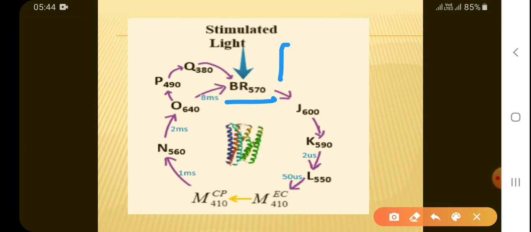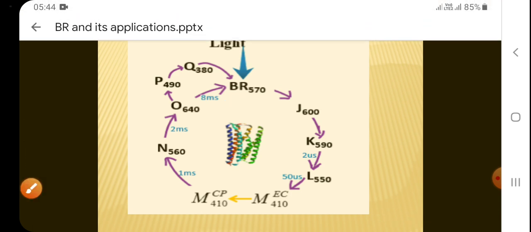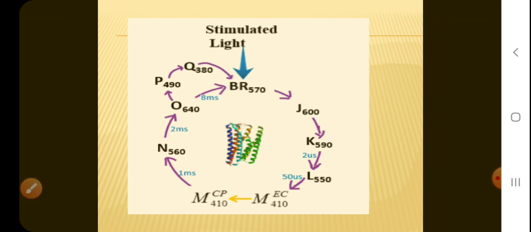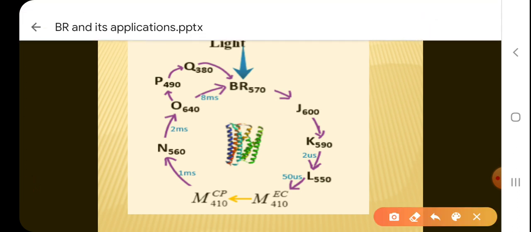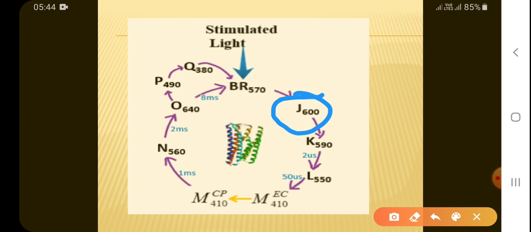Here the subscript numbers indicate the absorption maximum, the wavelength at which they absorb maximally. So 570. Then it changes into the J molecule, then K, L, M, N.